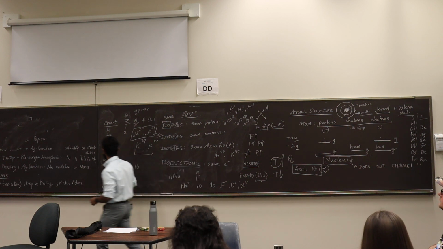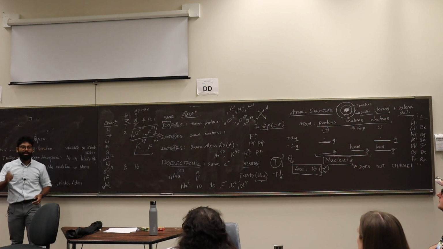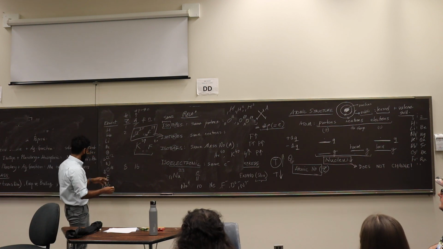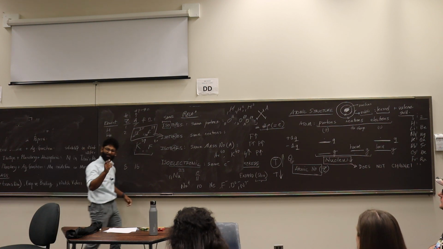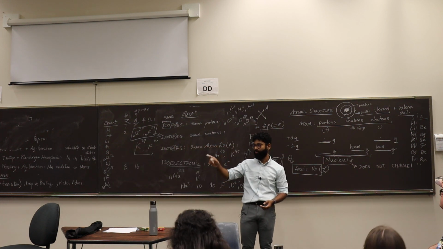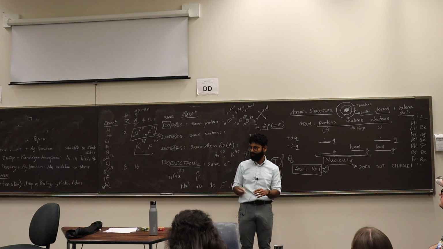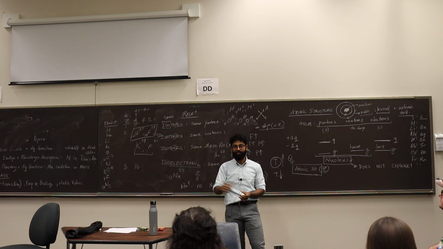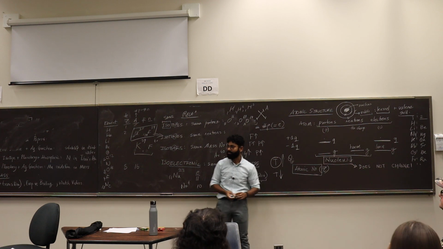So that's there. The electronic configuration, what I'll ask you to do is, because I was not able to get to it, this was chapter 5, 6, and 7. If you go through the videos, you'll be able to understand electronic configuration. And then we'll discuss the problems, or we'll do some examples of the same.